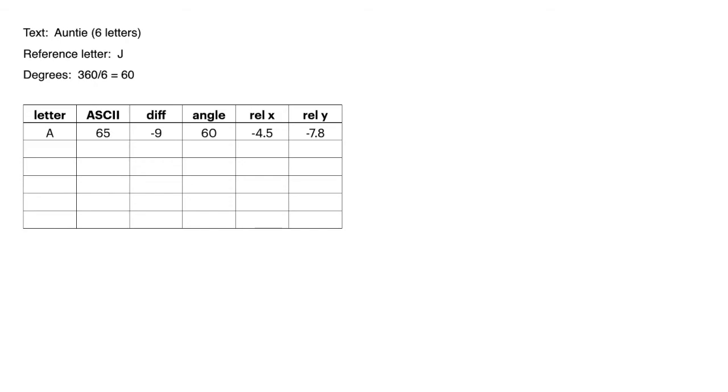I started with the hardest example first, I'm afraid. Here's the trig part. You need to multiply the length, the difference of the letter from J, that's -9, times the cosine of 60, that's 1/2, to get the horizontal displacement, and times the sine of 60, that's about 0.866, to get the vertical displacement.